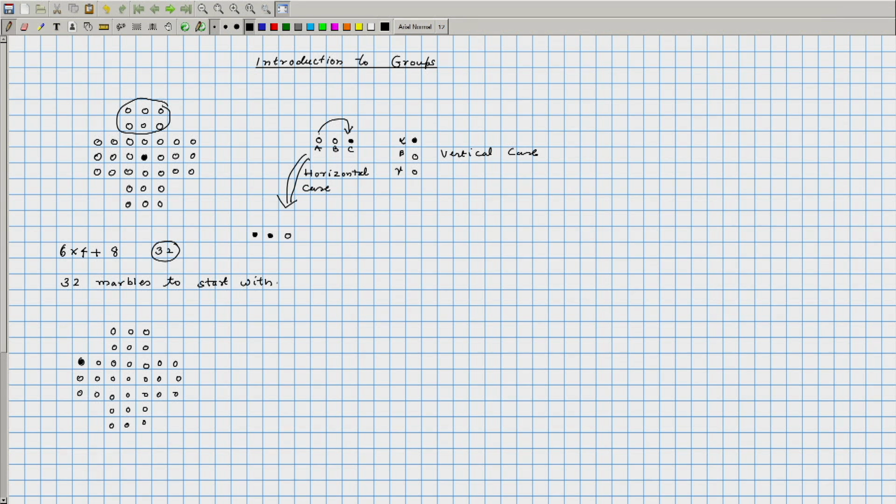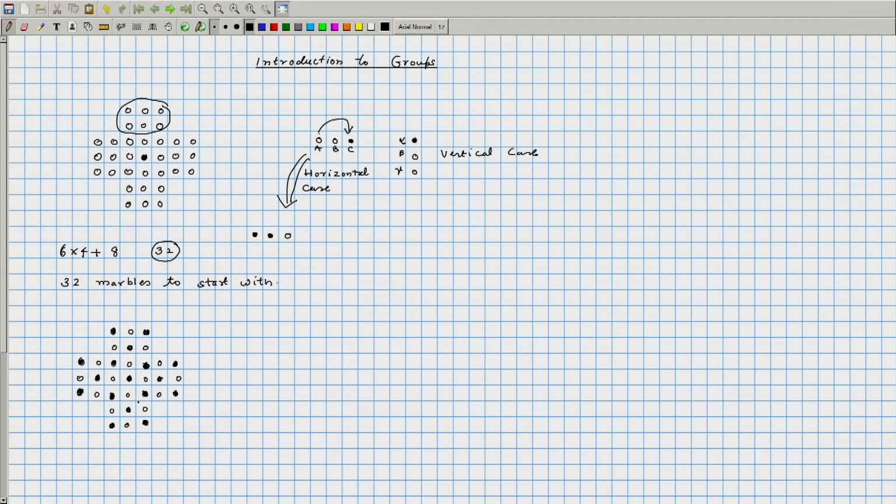If you had marbles at alternate positions, let us say marbles in a chessboard pattern, so suppose after moving some number of marbles around, you reach this particular configuration. Here you can see that there are no further moves possible.